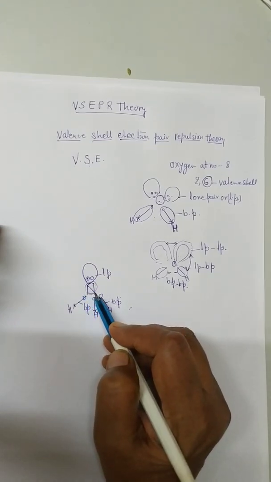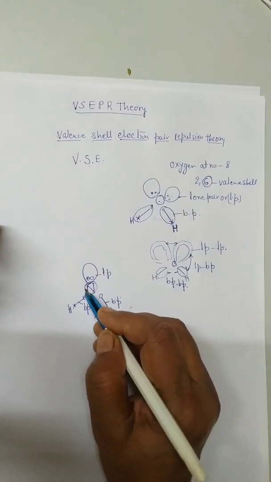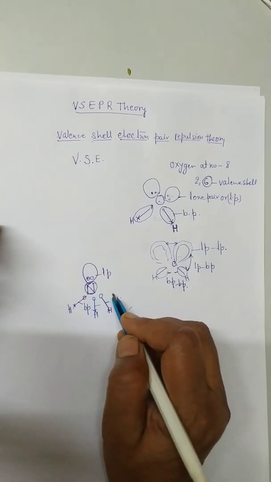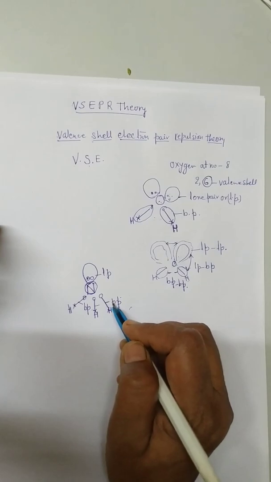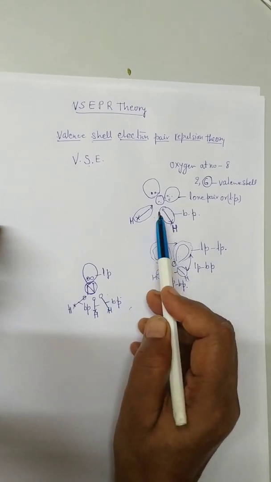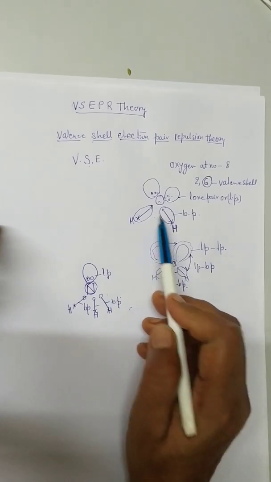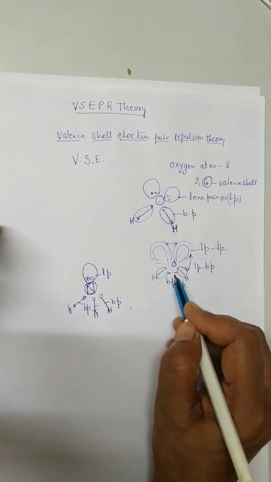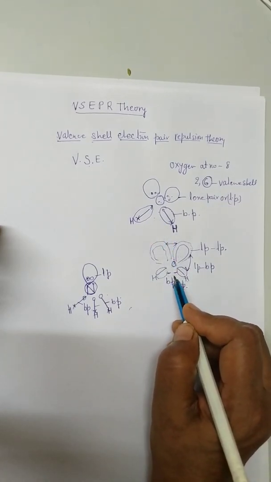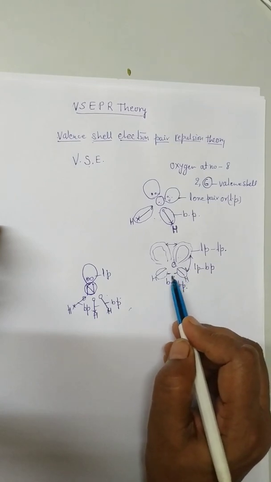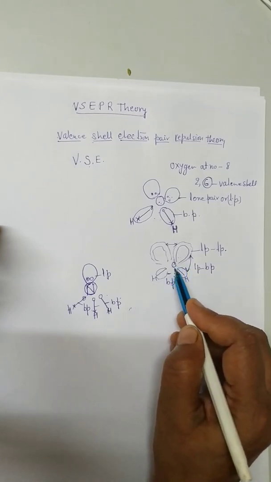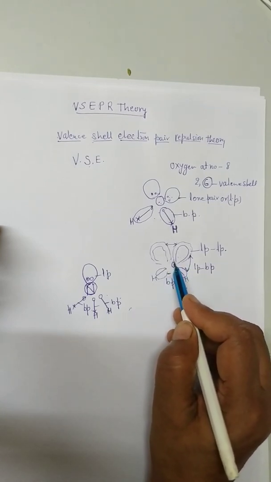I repeat, the shape and geometry of the covalent molecule depends upon the force of repulsion in electron pairs around the central atom.